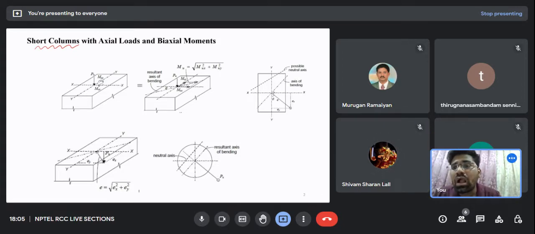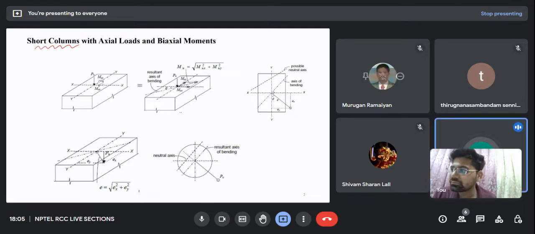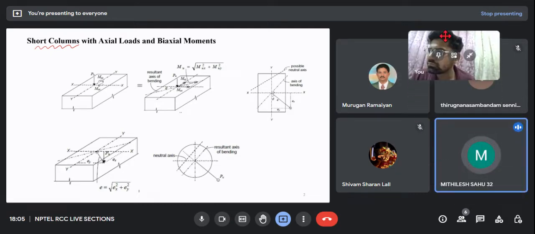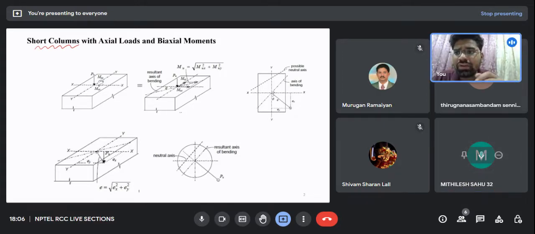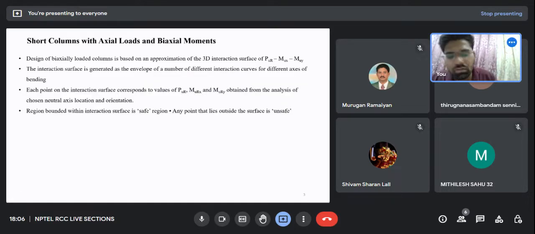The distance of a fiber from the neutral axis, Mithilesh is saying. Are you trying to say that the higher the distance from the axis? Yes, sir. Okay, so you are closer to the answer I was going to give. The better way to say this is the axis along which the moment.